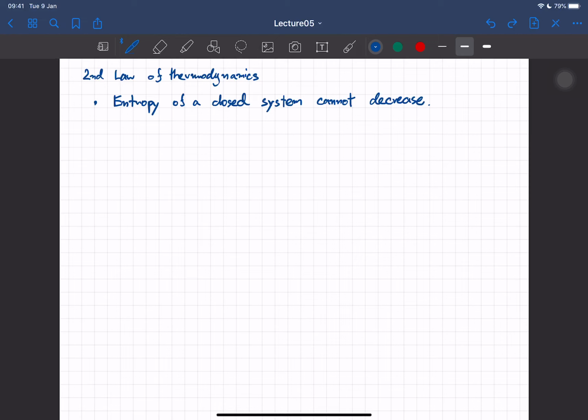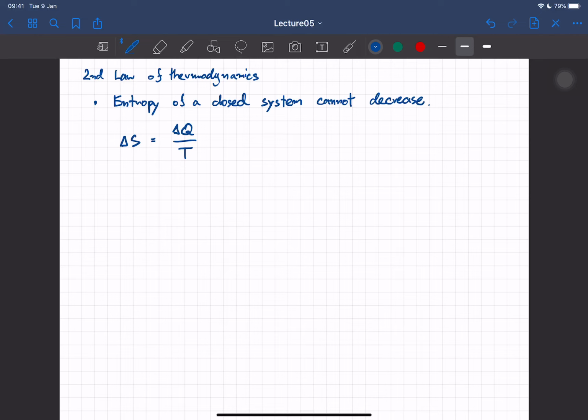So most of the time you're going to see it written in terms of delta S. S is the entropy, which is kind of strange because there's no S in the word entropy, but that's what people use. So delta S is defined to be the amount of heat divided by the temperature. This is the definition.